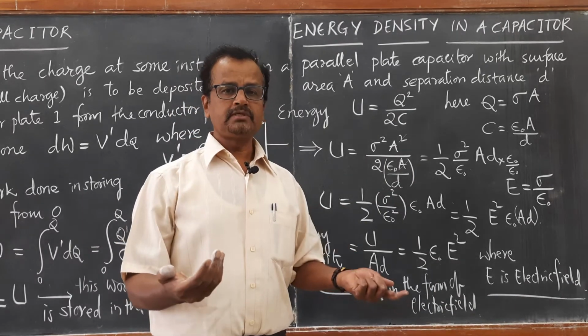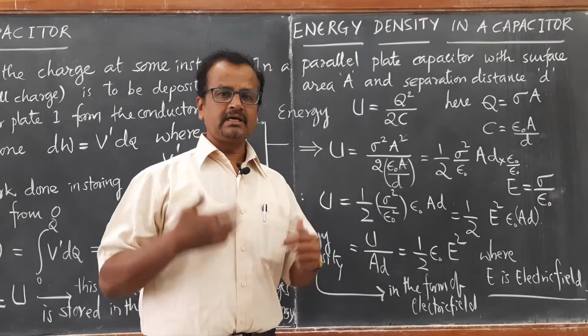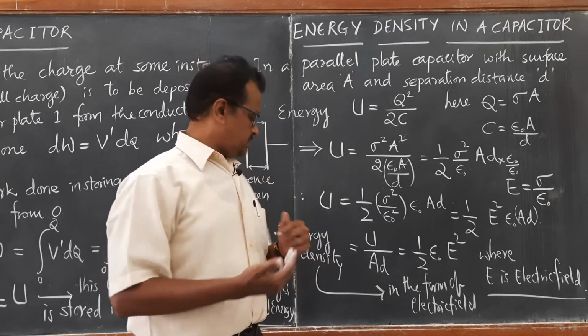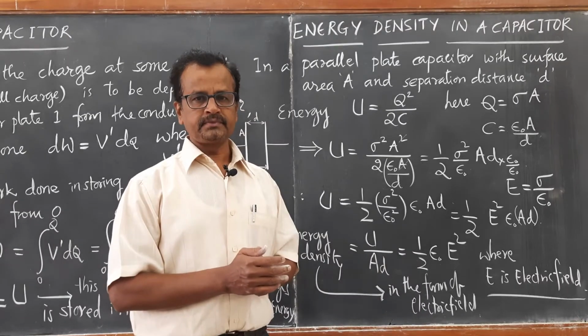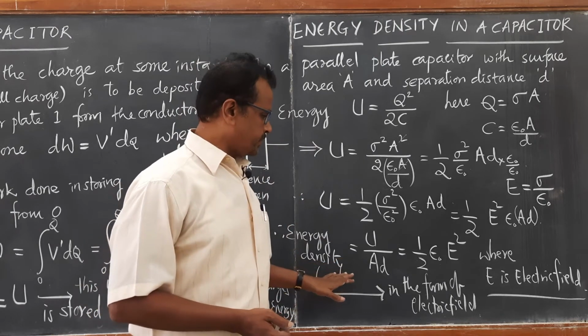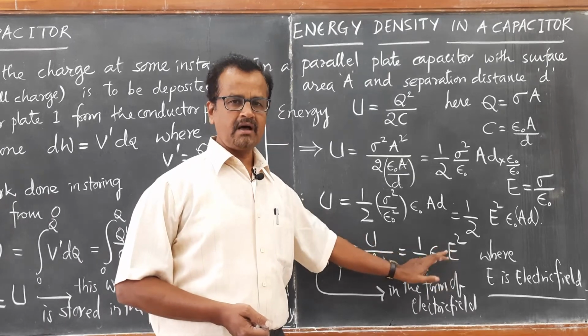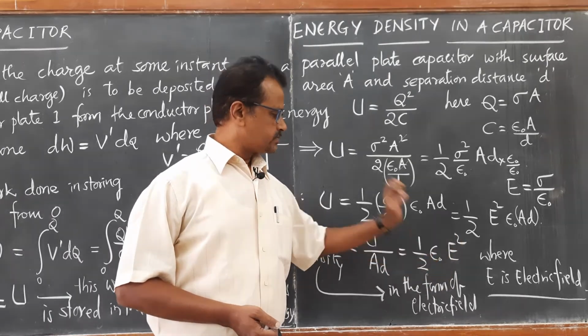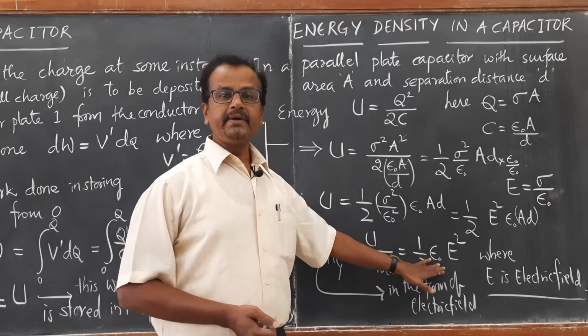When the charges stored are maximum, naturally the electric field will also be maximum, then energy stored per unit volume will also be maximum. Remember this, half epsilon naught E square, where epsilon naught represents the permittivity of free space.